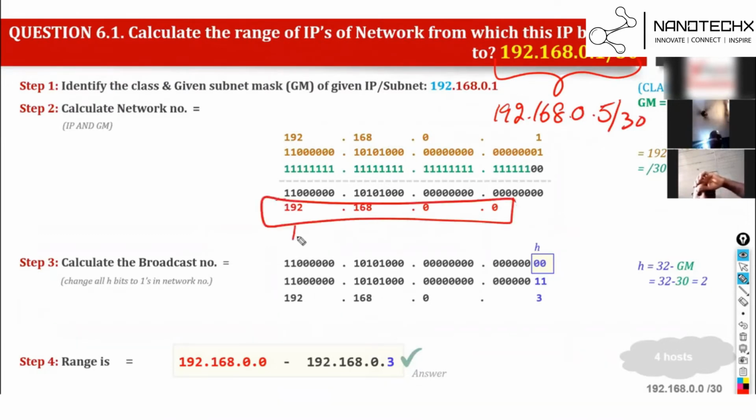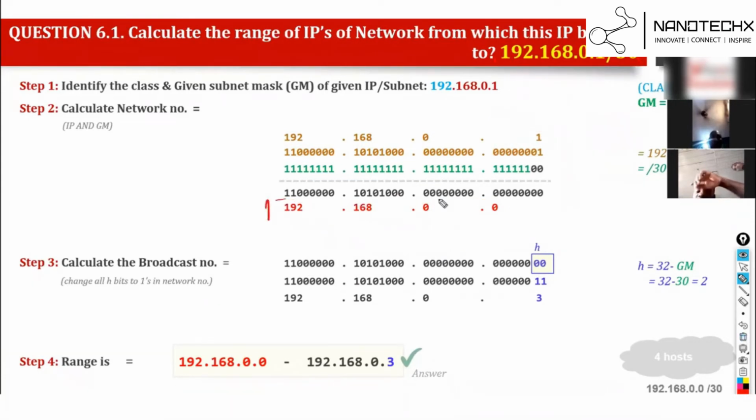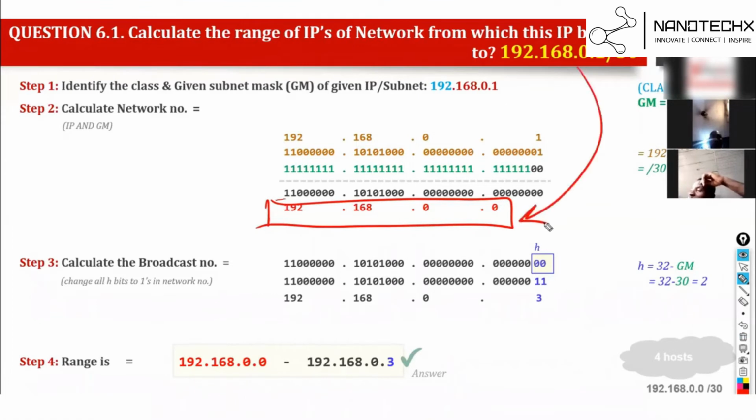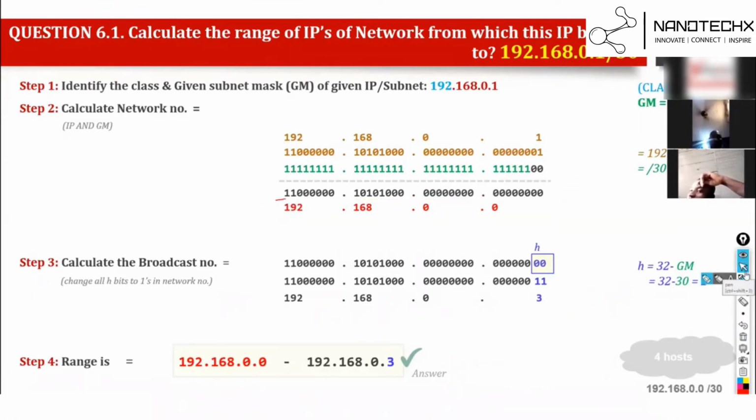The answer will be 192.168.0.4 because now it has moved to the next subnet. So don't think that it is always going to come this one. I gave you the examples which are all becoming this one so that you can differentiate between them. Clear on this one? Let me finish the last example.